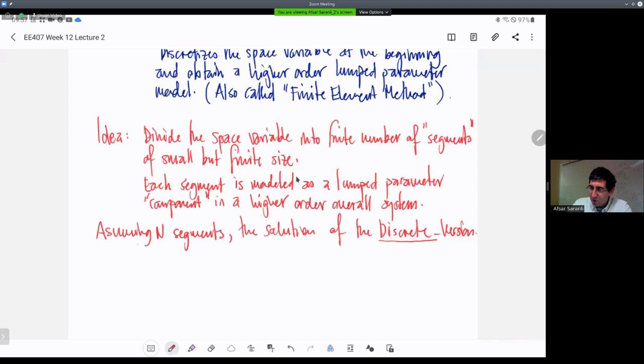So this discrete version uniformly approaches the PDE, partial differential equation solution, as n goes to infinity.